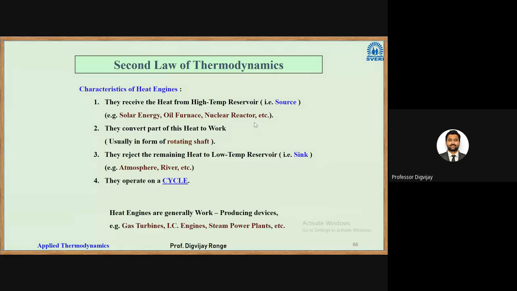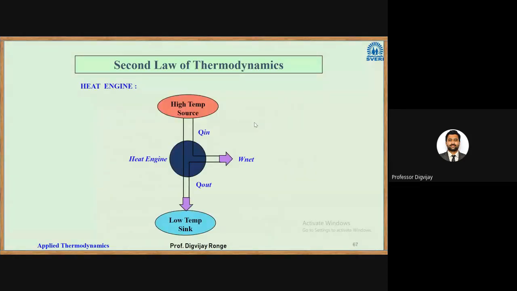They operate on a cycle. Heat engines are generally work-producing devices, for example gas turbines, IC engines, and steam power plants, which you already studied in the second year of engineering.